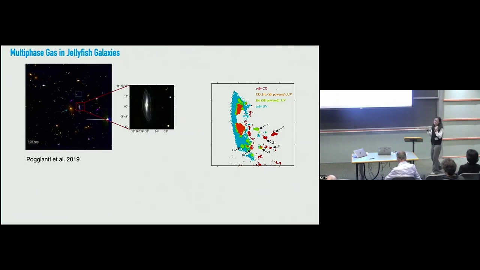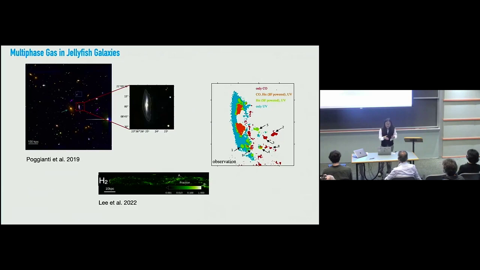So we think this gas is unlikely to be stripped from the disk. It's likely to form in situ in the tail. I found this very insightful simulation of a jellyfish galaxy. This is the molecular gas, and they found two very obvious gas clumps, A and B. It's really interesting that in this simulation, those two clumps only showed up towards the very end of the simulation run. They are formed in the tail, not stripped from the disk.